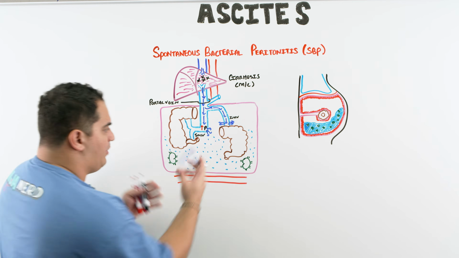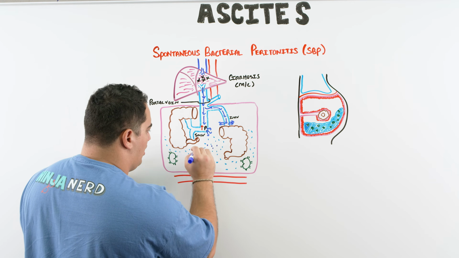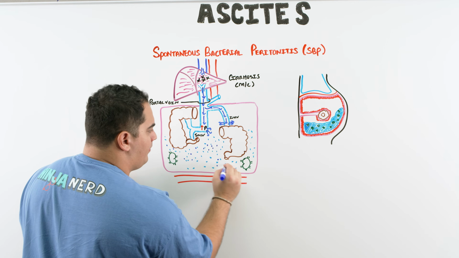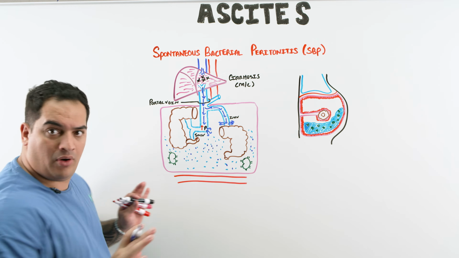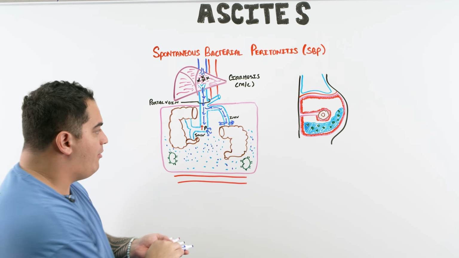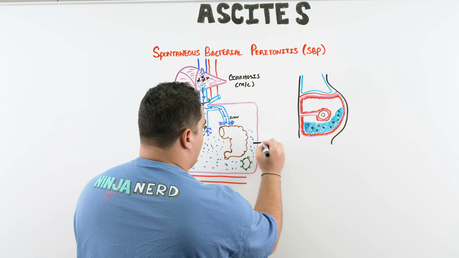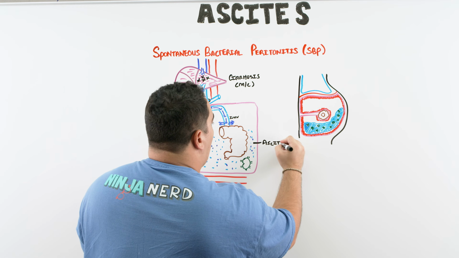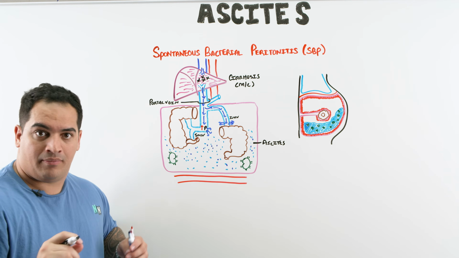So we'll represent that here with the blue. This is all the blue. There's not a ton of this ascitic albumin, right? So there's our ascites. So now we have a patient who has ascites. We already talked about that, but here's the big thing.